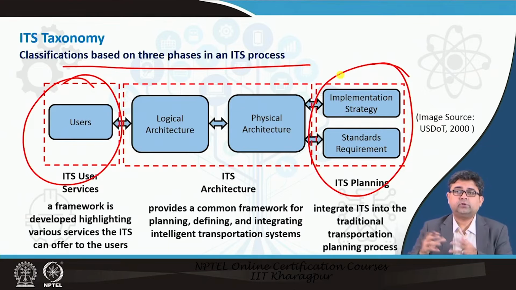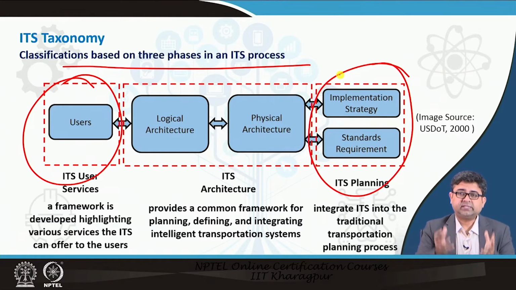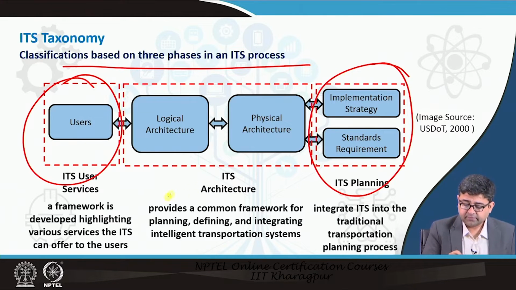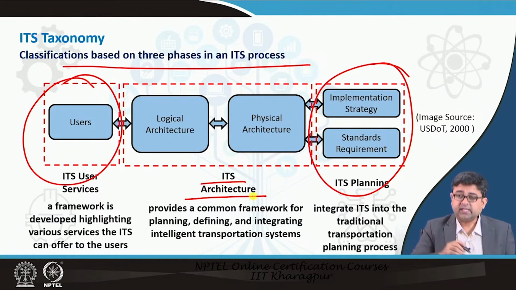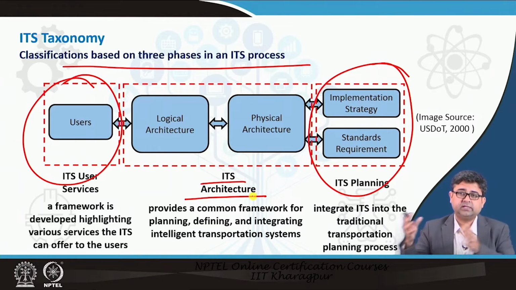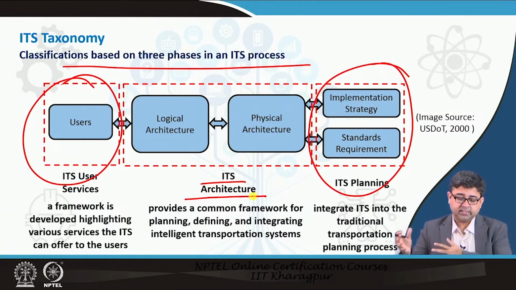Governments and agencies want to devise their policies and develop their priorities based on the existing system, and in between are all the different ITS architectures that need to be developed in order to satisfy both ends, both the users as well as the planning or government agencies.